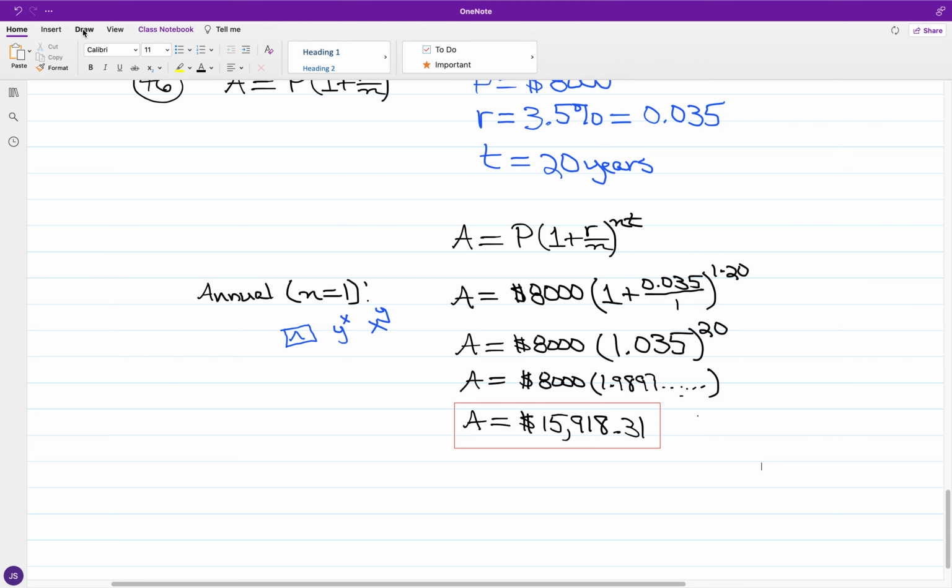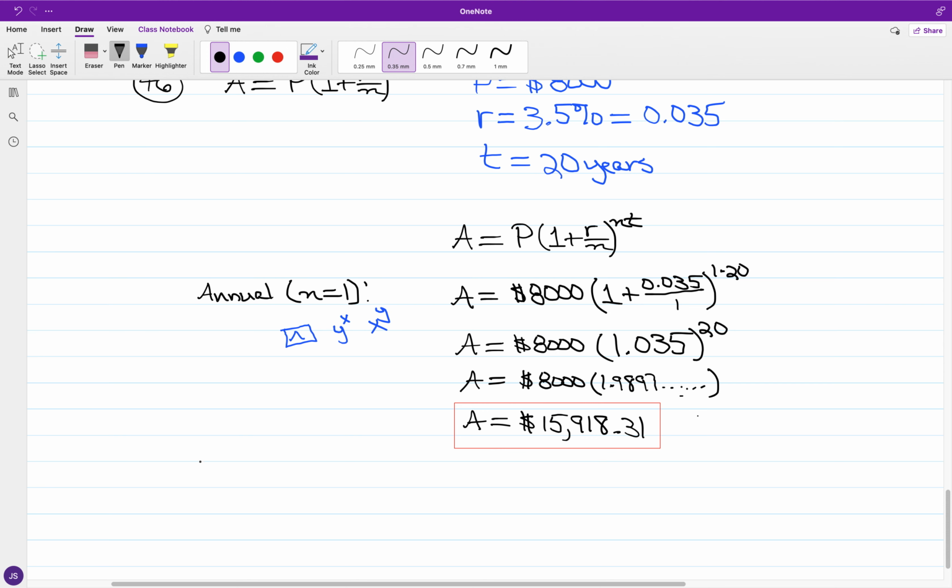And then for the next frequency, we're going from annual to quarterly compounding. So you have that n is equal to 4.